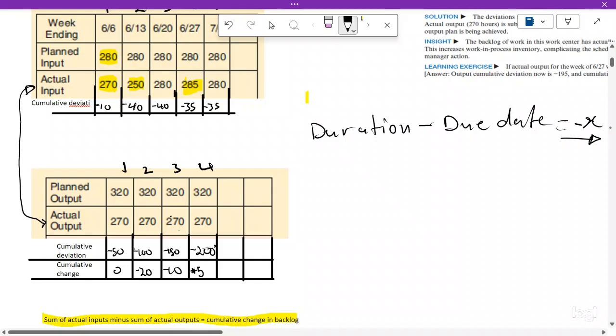When you get a negative value, it means that you are surpassing your due date, né? When you're getting a negative value. Then when you get a positive value, you are below your due date, meaning that you're still within time. Understand? So you're good. You are early by a certain number of days.